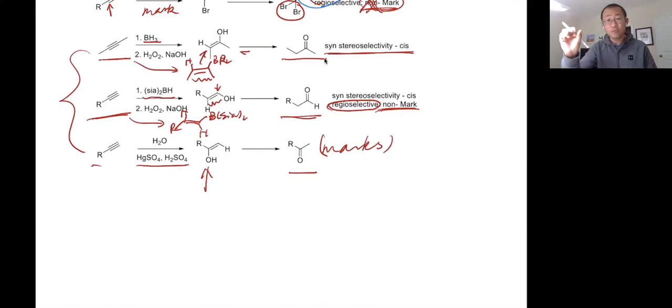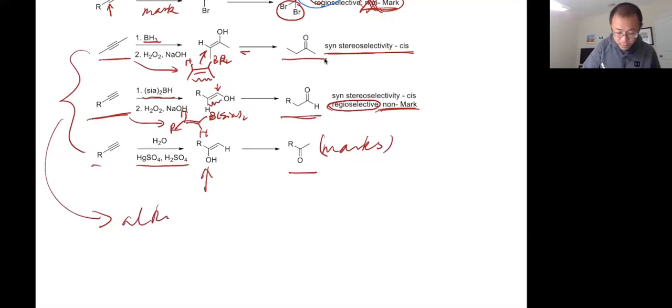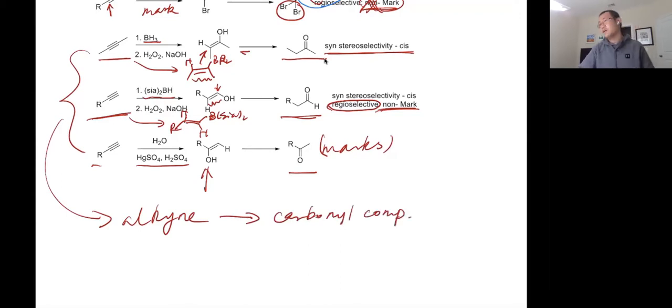If you treat a terminal alkyne with sterically hindered boron, you get an aldehyde because anti-Markovnikov. Depends on what you want. So this reaction shows you how to convert alkyne to carbonyl compound.